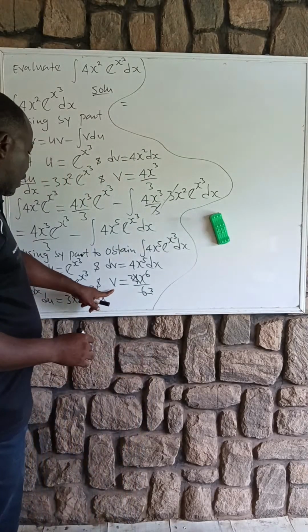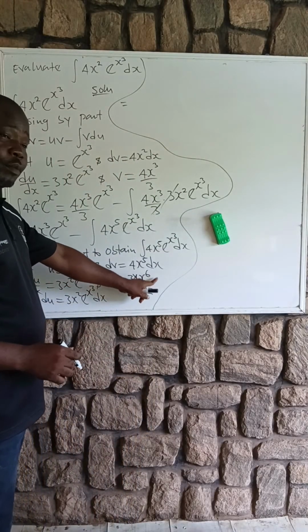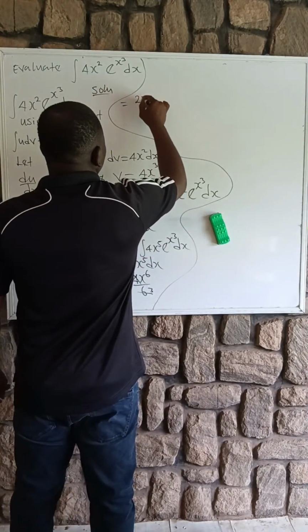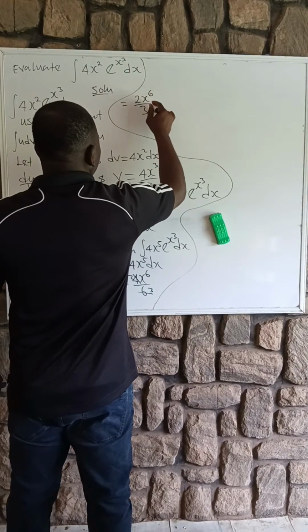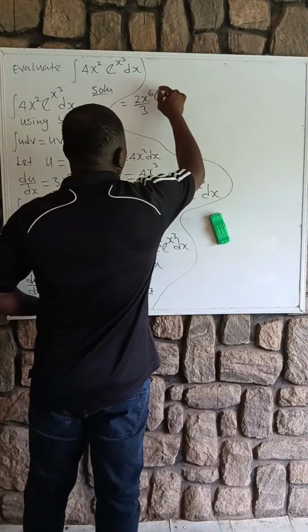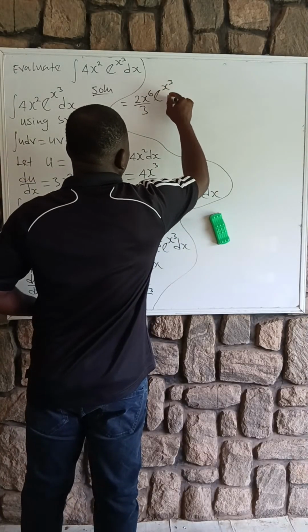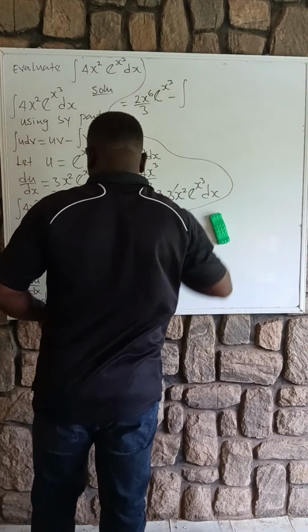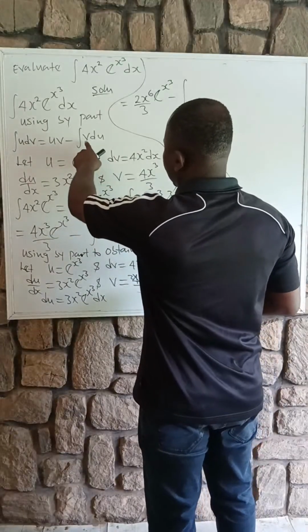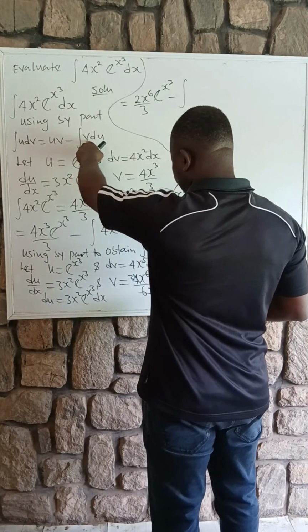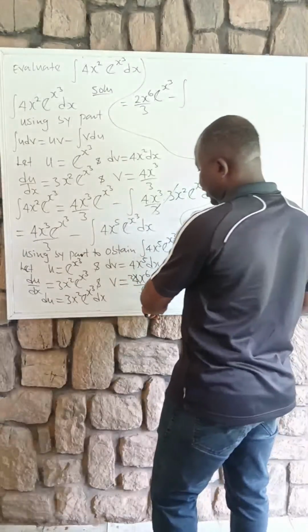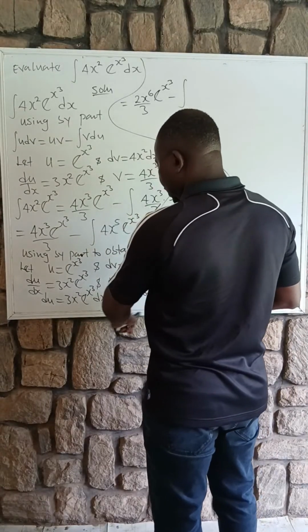Then our ordinary v is 2x raised to the power 6 all over 3, right? So 2x raised to the power 6 all over 3 times our u is this, true or false? Exponential x raised to the power 3 minus integral, our ordinary v is 2x raised to the power 6 all over 3, right?